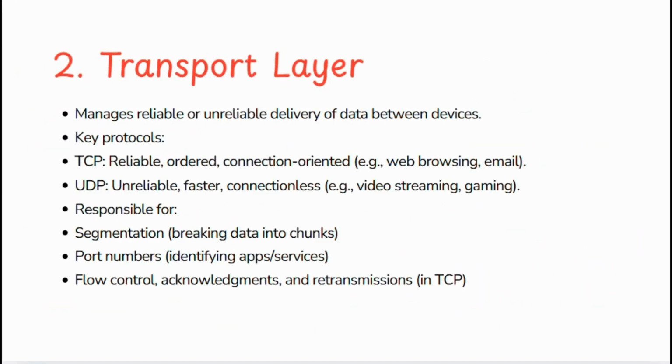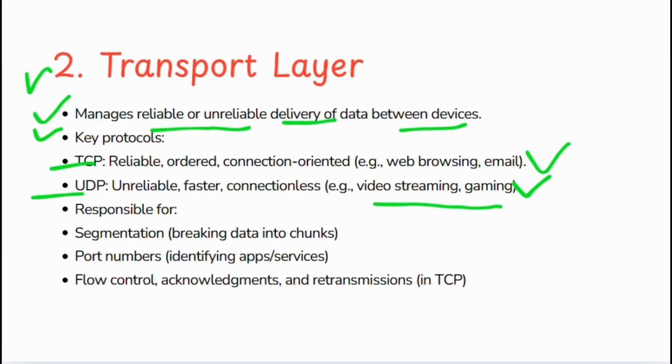So next one is the transport layer. This layer manages how data is delivered between two devices. It manages reliable or unreliable delivery of data between devices, and its key protocols are TCP and UDP. TCP is reliable and connection oriented, and its examples are web browsing and email, while UDP is unreliable but faster and connectionless, so it is used in video streaming and gaming.